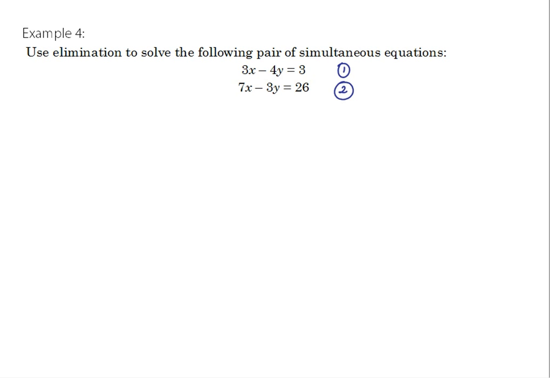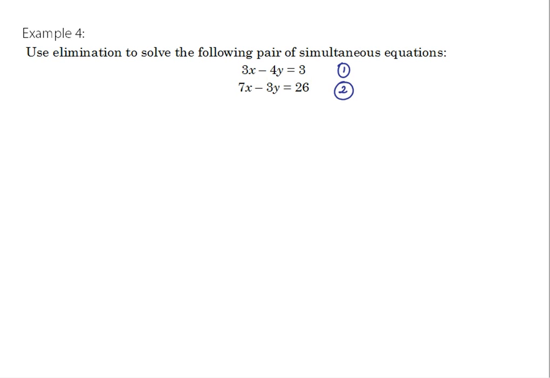So we have two options as to how we could do this. We could either do equation 1 times 7 and equation 2 times 3 to create 21x in both equations, or we could do equation 1 times 3 and equation 2 times 4 to create 12y in both equations.